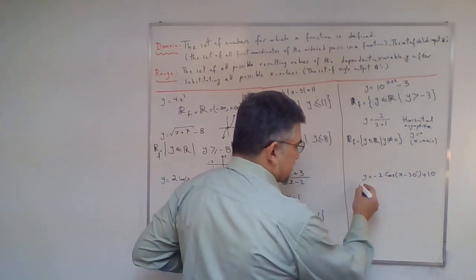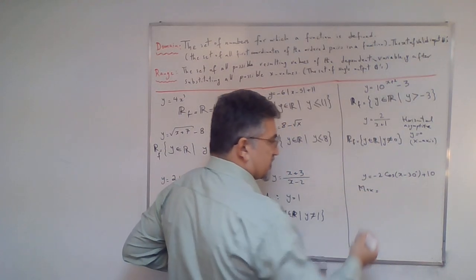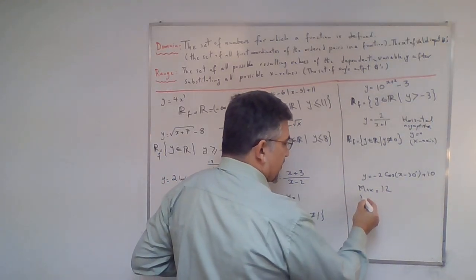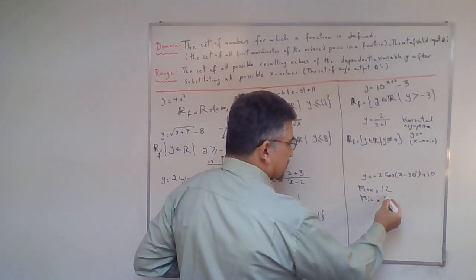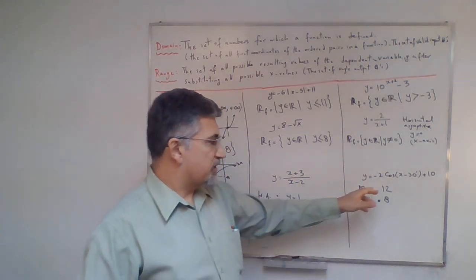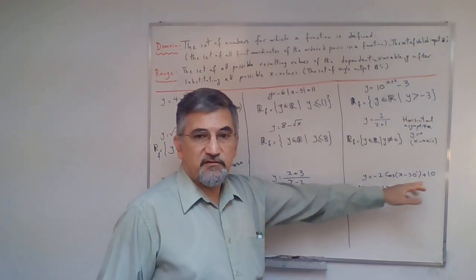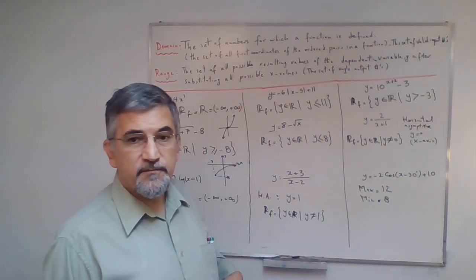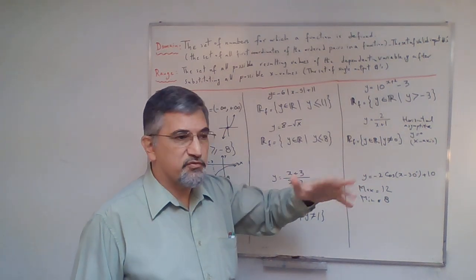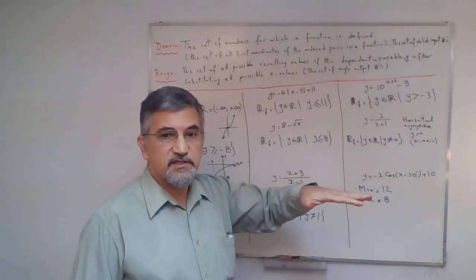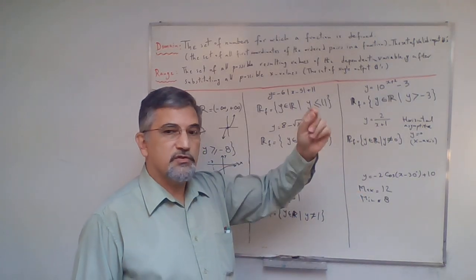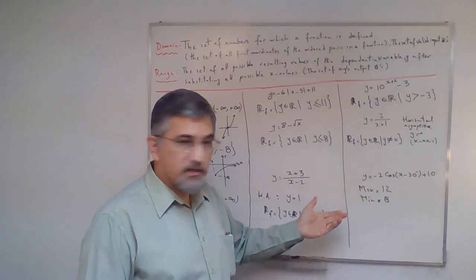I would say the maximum value for this function is 12, and the minimum value is, of course, 8. Because if you think about it, the amplitude is 2, and we have a vertical shift of 10 units. So from 10, which represents the location of the axis of the curve, y equals 10 is the equation of the axis of the curve, 2 units higher would be 12, 2 units lower would be 8, obviously.